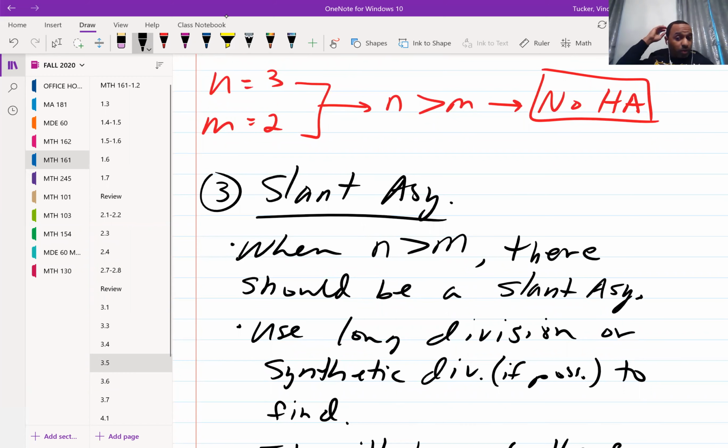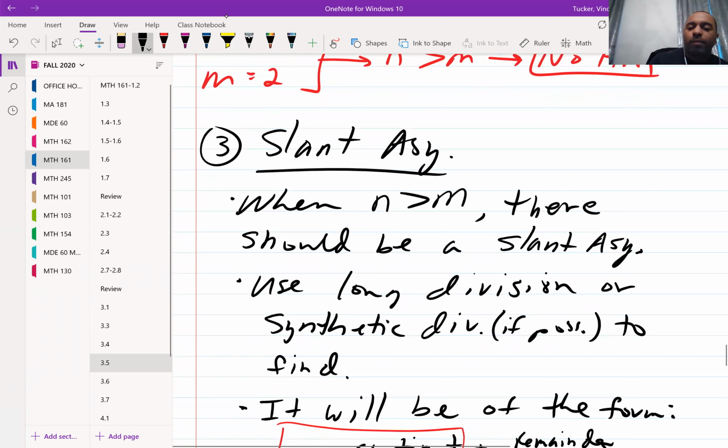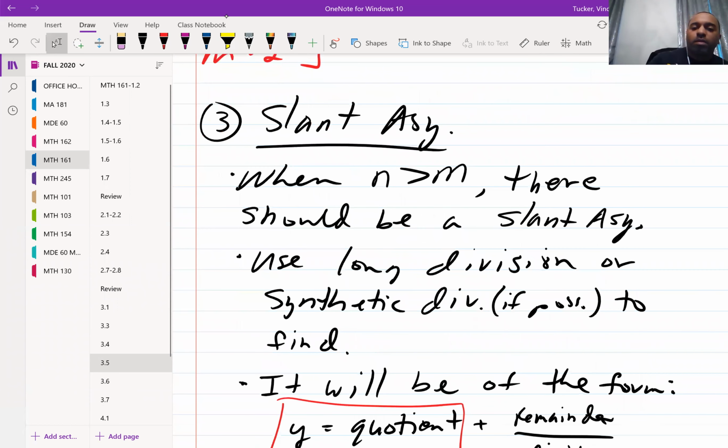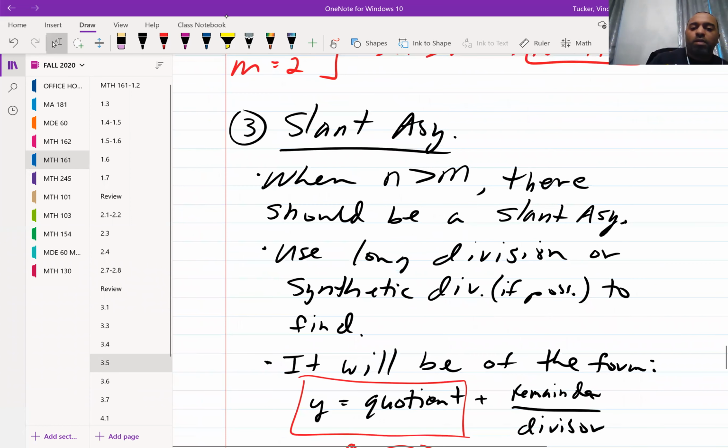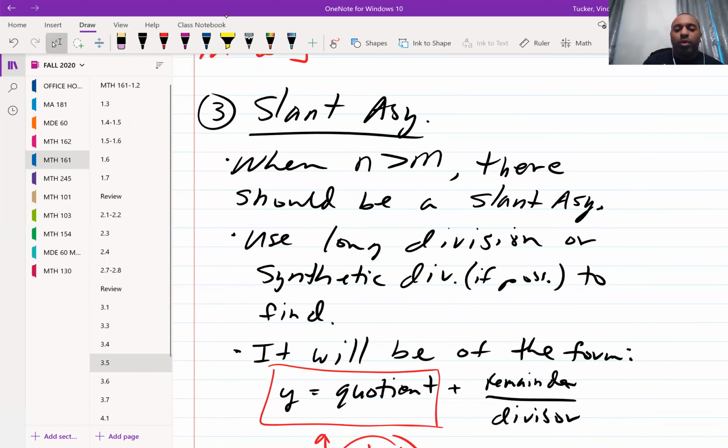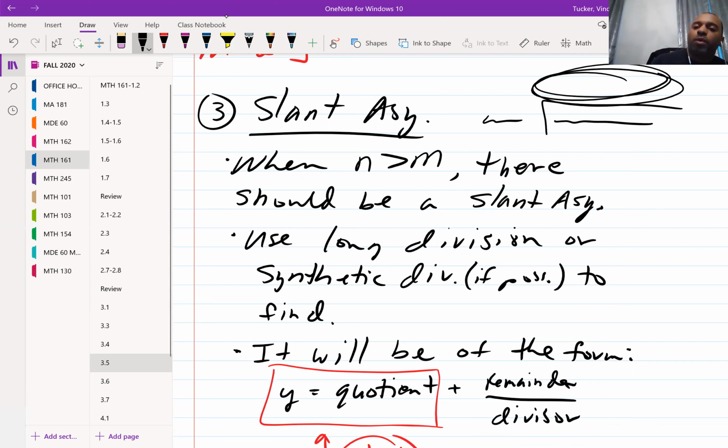It depends on what we can use to find it. And so it'll be in the form of y equal to the quotient. So when you set up your long division and you have something out here, and something in here, this answer part will be your slant asymptote.